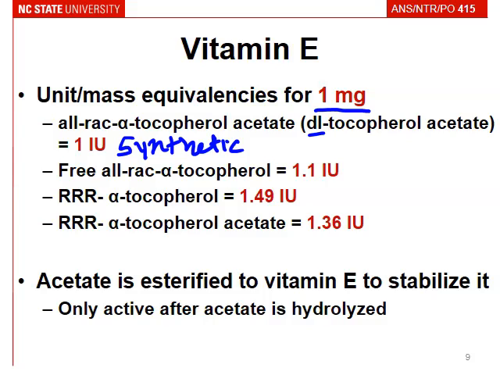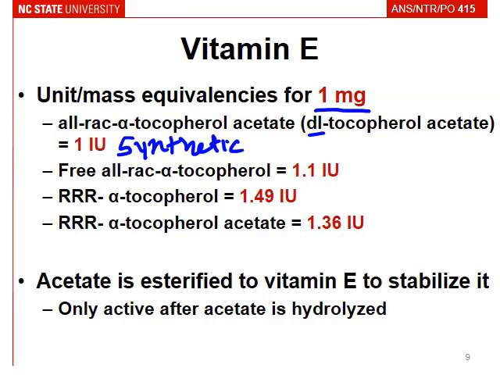Now, is that the best method? Does that make it the best standard? We looked at fetal rat absorption, and like I said, that may not be the best standard to utilize.